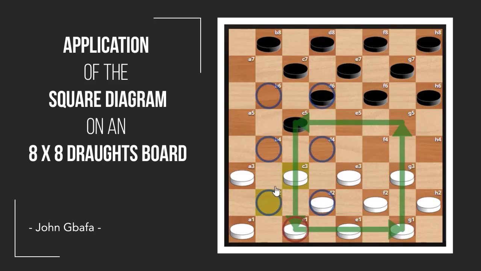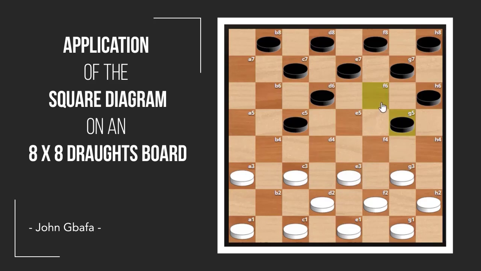These are key squares surrounding the vertices. If you take c3, c3 has control over all these key squares, so we move our piece to c3 so that we have control over these four key squares.